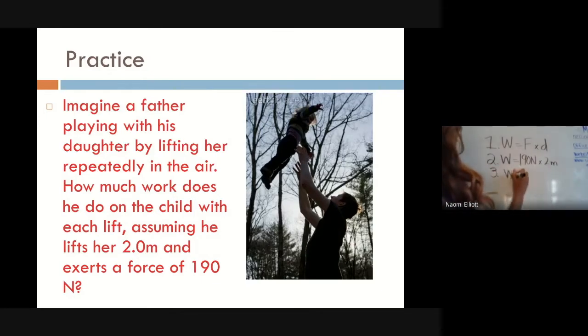And so we have that work equals 380 joules. Going to leave that there for a second so you guys can capture that. You can also pause the video if I'm moving a little too fast.